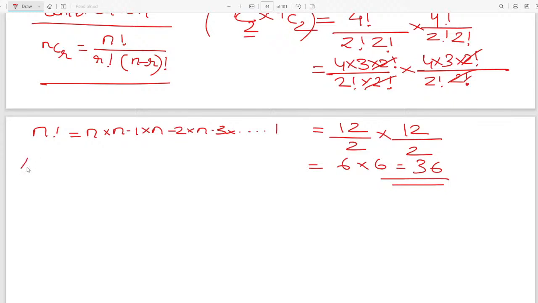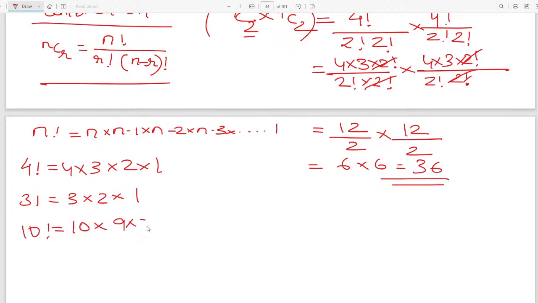For example, 4 factorial would be 4 into 3 into 2 into 1. 3 factorial would be 3 into 2 into 1. So 10 factorial would be 10 into 9 into 8 till 1. I hope this is understood and clear.